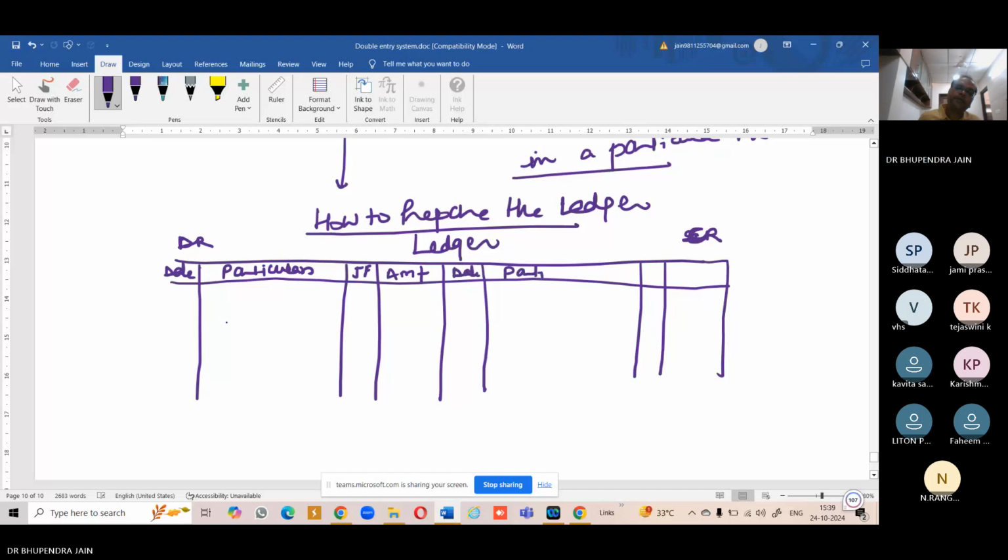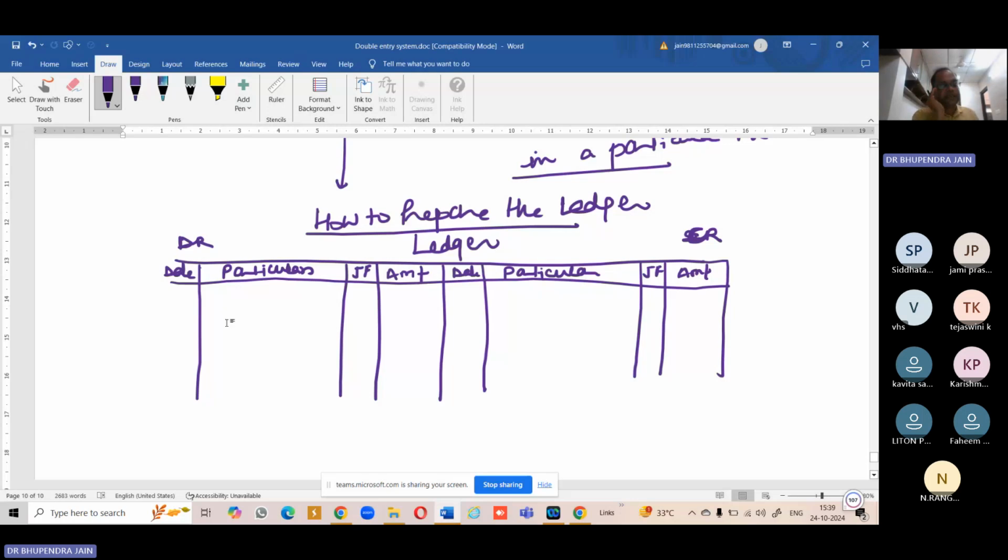Date, particulars, GF number. You can also find from the ledger that this entry is recorded in the general book on a particular page number. So this is the format of the ledger.